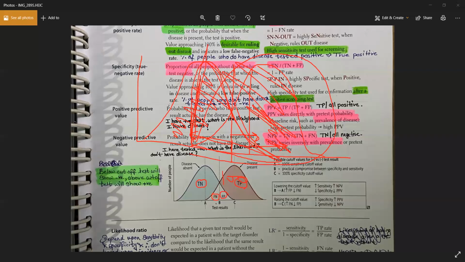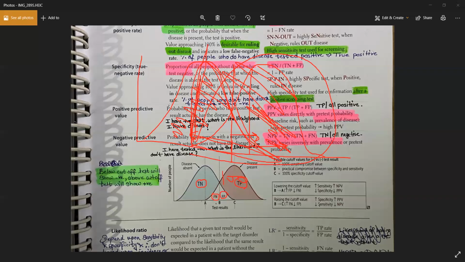Why does specificity decrease? See, what does specificity mean? Ruling in a disease. Ruling in the disease means my test should be able to detect every individual with the disease. It should never leave any individual without the disease. Sorry, I'm saying it the opposite way. I'm sorry about that.